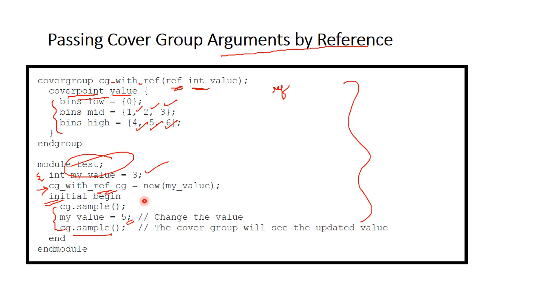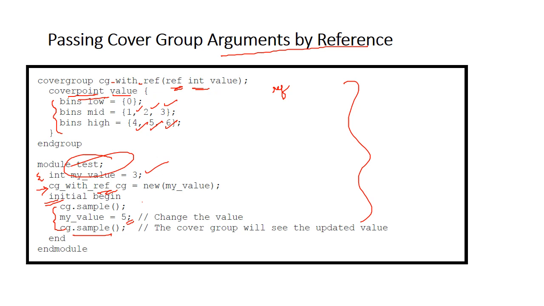And next, I have a program example which is passing the cover group arguments by reference. So this is the program example where you have the passing of cover group arguments by reference.